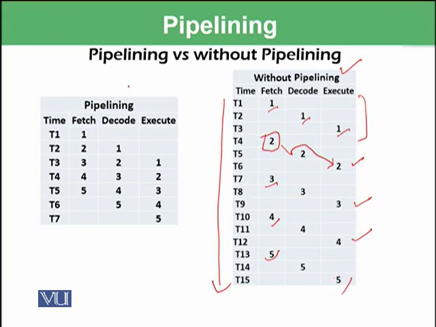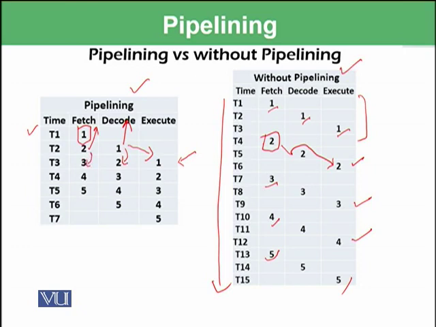However, using pipelining, at time T1, let's fetch instruction number 1. But at time T2, let's do 2 things. One, we decode instruction number 1, and second, we fetch the next instruction, instruction number 2. And at time T3, we execute instruction number 1, decode instruction number 2, and fetch instruction number 3.